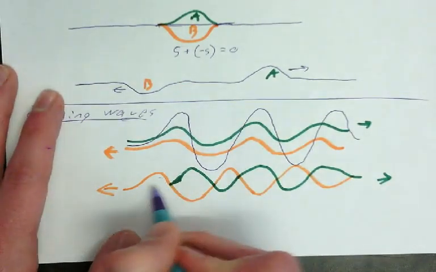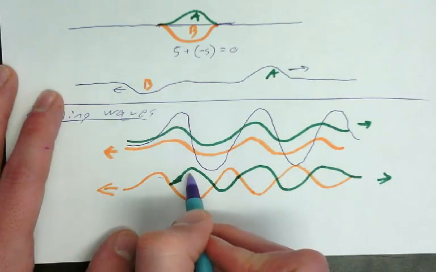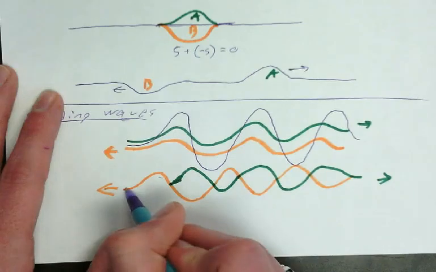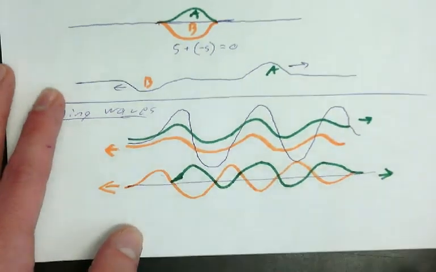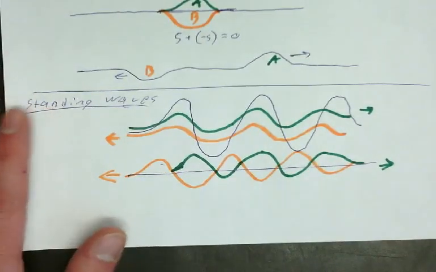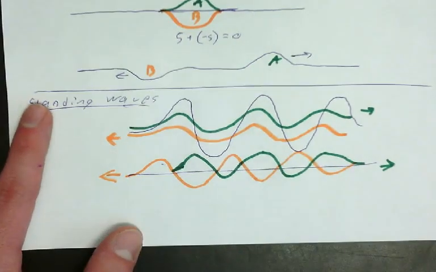So now, where you have a positive A, you have a negative B. So they're going to cancel each other out. And then they'll keep going a little further.